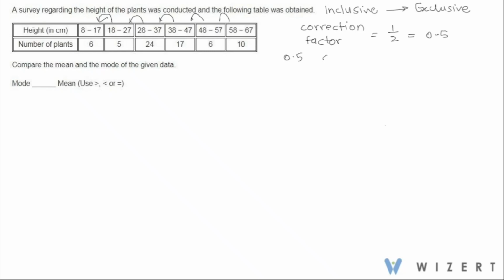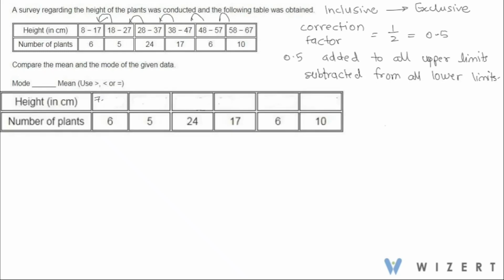Now 0.5 is added to all upper limits and subtracted from all lower limits. So the modified class intervals will be 7.5 to 17.5.